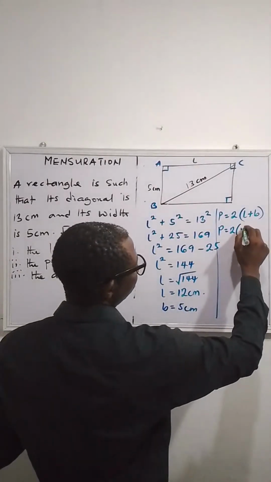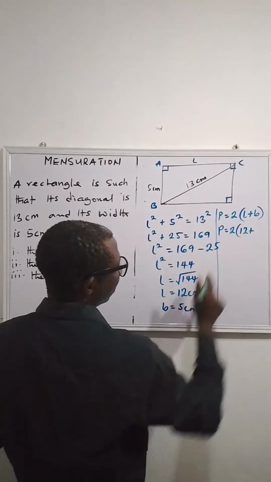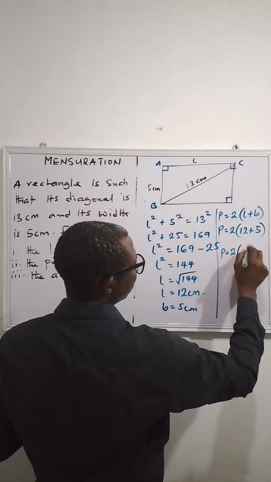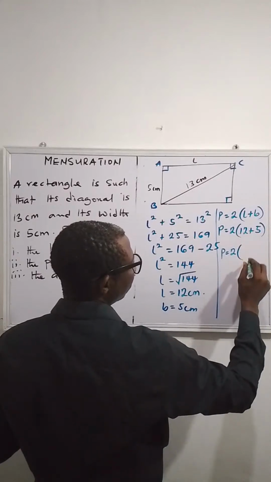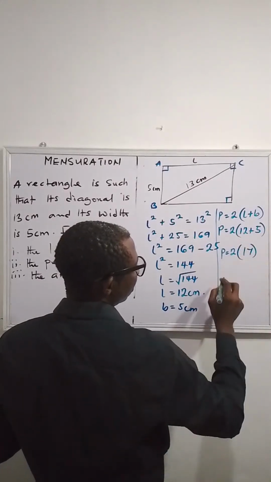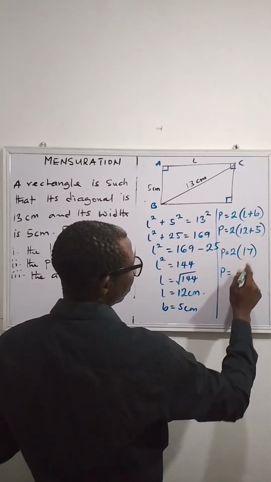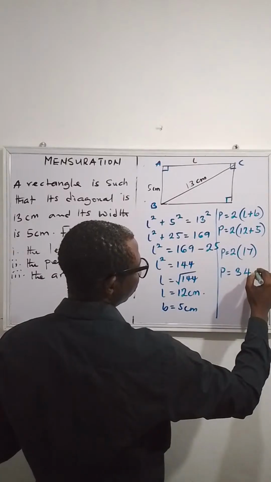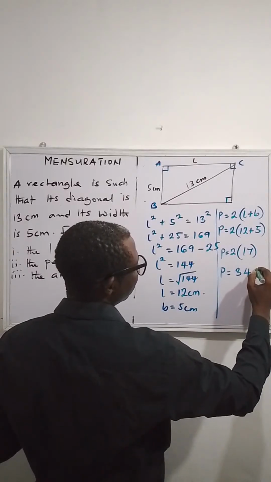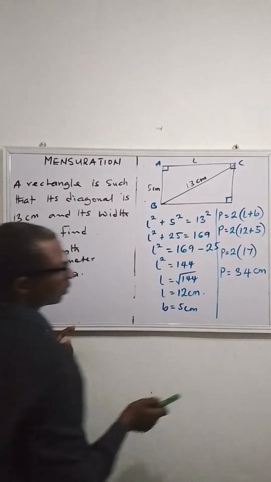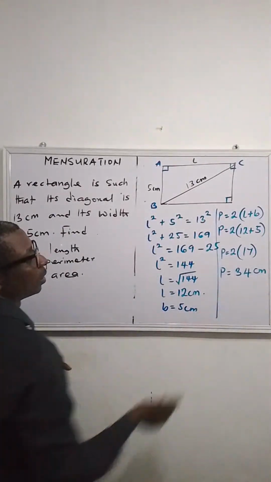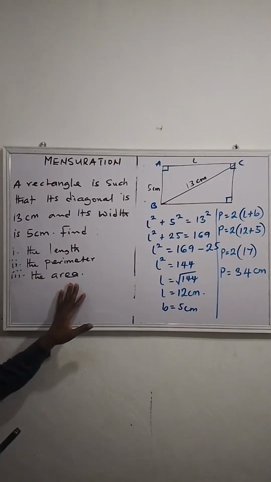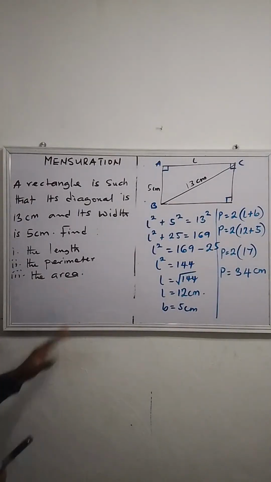That is 12 plus the breadth, that is 5. So we have P equals 2 times, now when you add this together, what do you have? You have 17. So 2 times 17 gives you what? 34 centimeters. That is the perimeter.